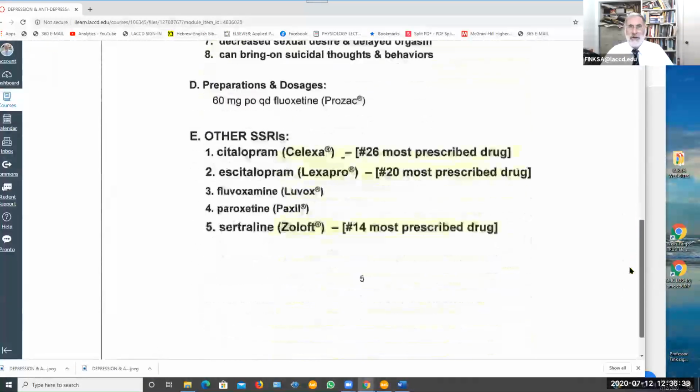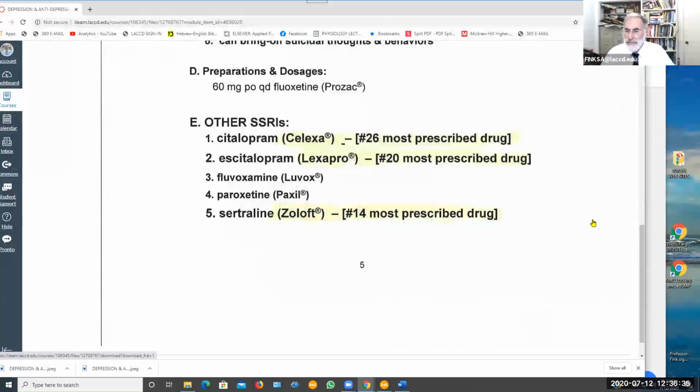There are many other SSRIs besides Prozac or fluoxetine. They include Celexa, which is ranked number 26 most prescribed drug in the United States, and Lexapro, ranked number 20 among the most prescribed drugs in the United States. Notice that the generic names of these end in -pram.